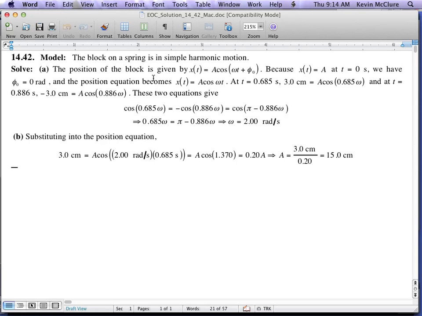Is it like an identity or something? I have no idea. Wait a minute, that is weird. So these two are equal to each other. How do they go from here to here? Because negative cosine.